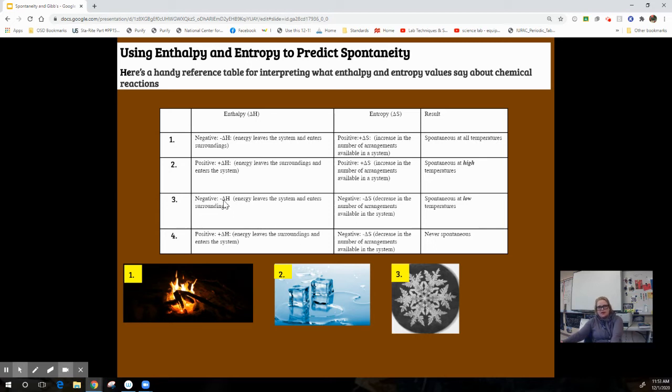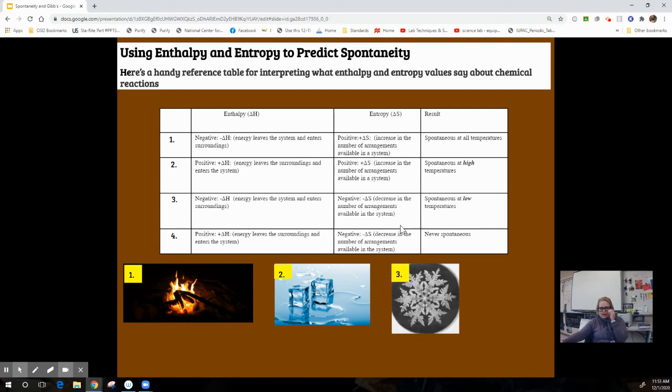And so if I've got a negative enthalpy, which is going to be exothermic, and a negative entropy, it's going to be a spontaneous process if the temperature is low enough. Water has to be at 0 degrees Celsius or lower for this to happen, so that's the only time that this will be spontaneous. So again, we don't know the definition quite yet of low, but we're going to figure that out on the next slide.